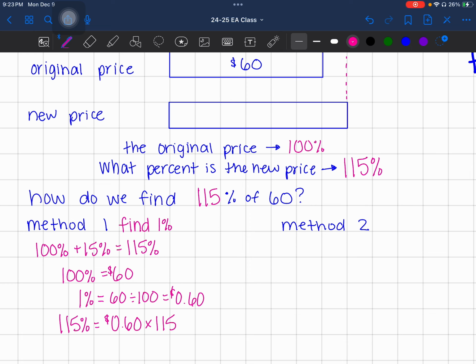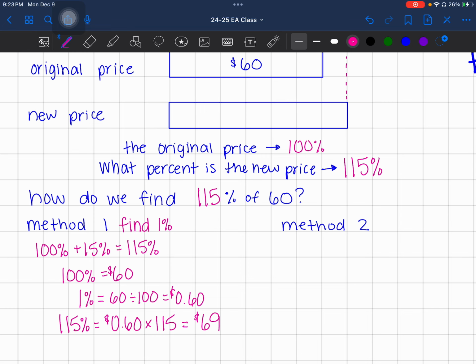And 60 cents times 115 is $69. And so that would be the new price. So that's method 1 of finding 1%.